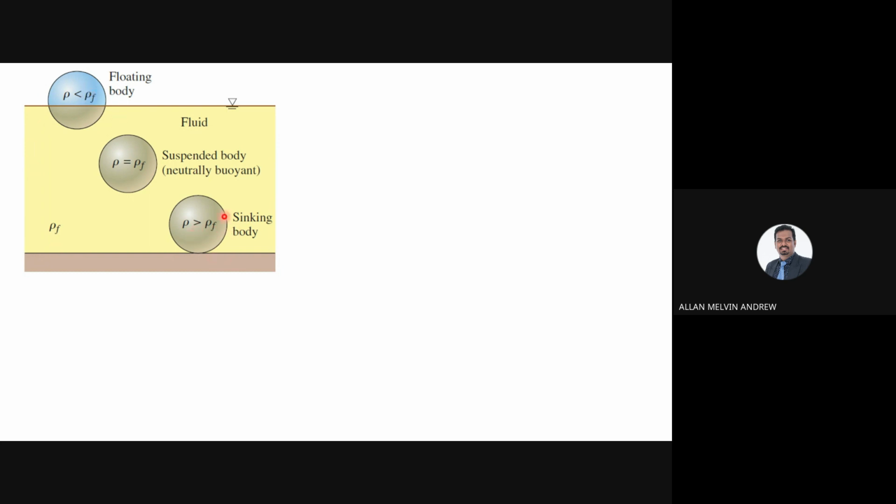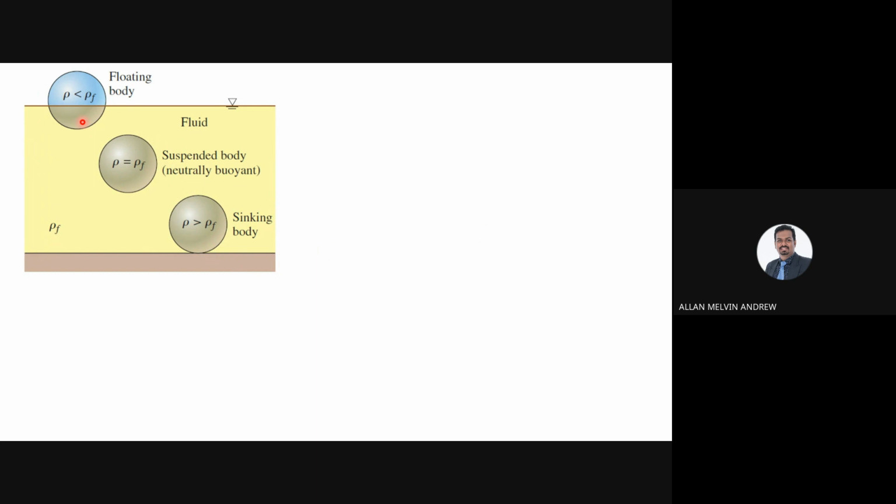And if it is sinking, so let's say a submarine. So submarine can be a good example. If you want the submarine to float, the submarine will normally have two decks. The top deck will be for the people to stay, and the bottom part you have a water detention tank.